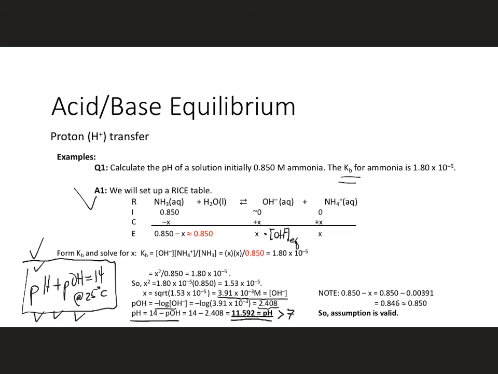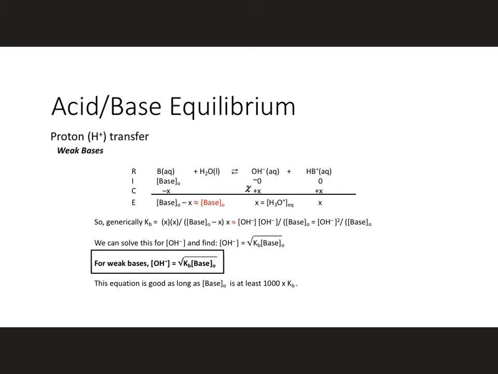Again, let's check our assumption. Is this assumption true? Yes. 0.85 minus 0.00391 is 0.846, and that is indeed approximately 0.850. So our assumption is valid. Doing similar math as we did for weak acids, for weak bases we can develop a similar equation to calculate, in this case, hydroxide concentration if we know the base concentration and the Kb.